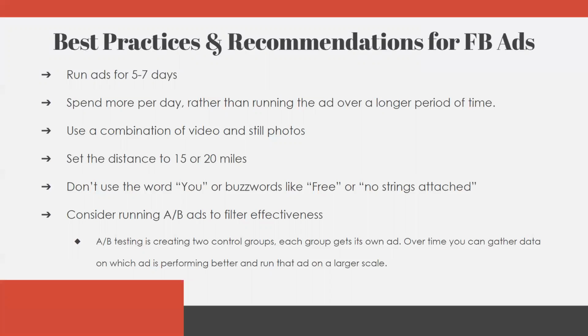Whichever ad is performing better at the end of the test run, that's what you push out to everybody. So if you have the time, it's a great way to not only gather data on your contacts, but also figure out what's working best for your business as far as advertising goes.